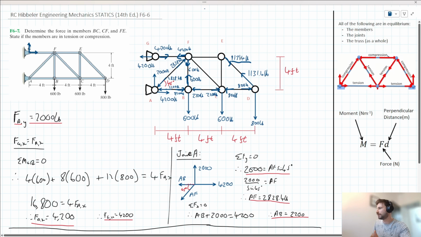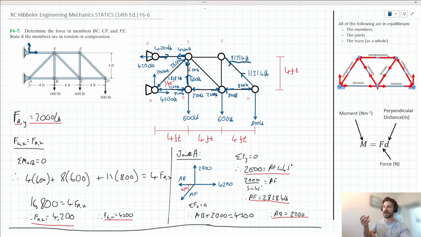So we could look at this 1,131.4 pound force acting at joint E, noting the fact that it's got an 800 pound vertical component acting down and an 800-pound horizontal component acting to the right. So kind of by inspection, without having to carry out any calculations necessarily, we can say that we've got 800 pounds acting to the left here and 800 pounds acting up here to counter that 1,131.4 pound force. So let's just add that to our diagram here.